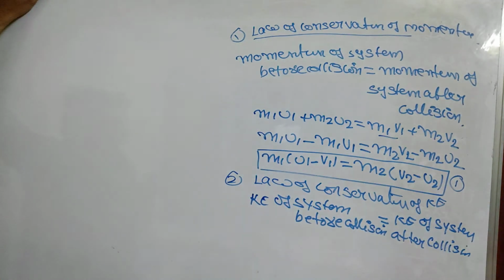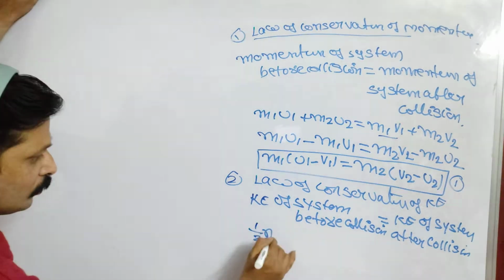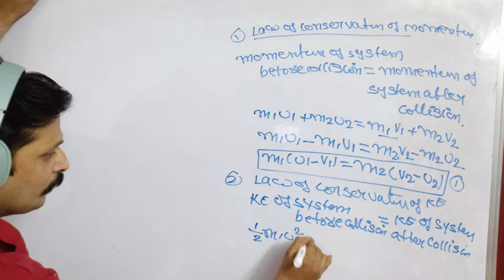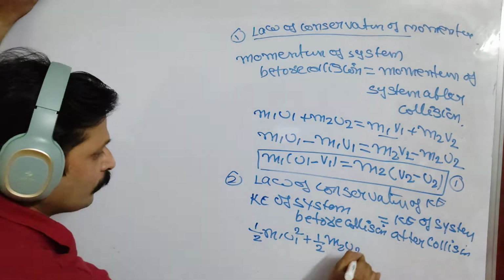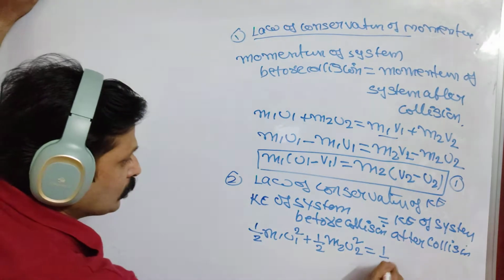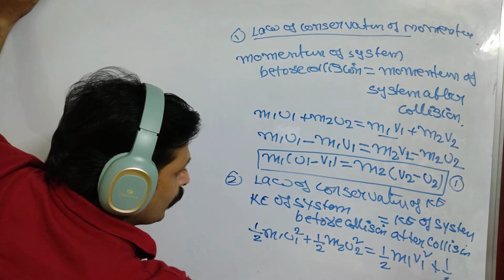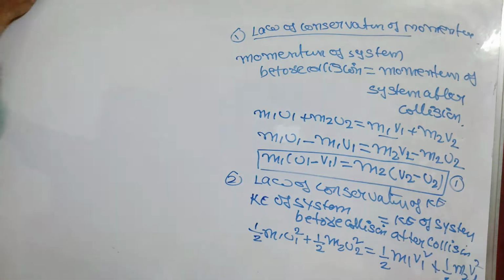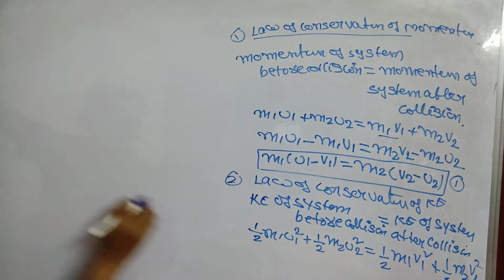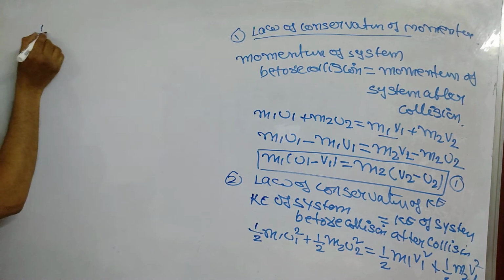Now I will take the point here: half m1 u1 square plus half m2 u2 square should be equal to half m1 v1 square plus half m2 v2 square. Move the terms to the left side. Then what will come?